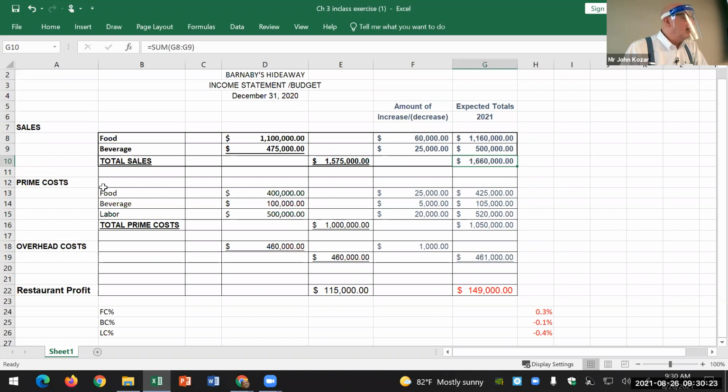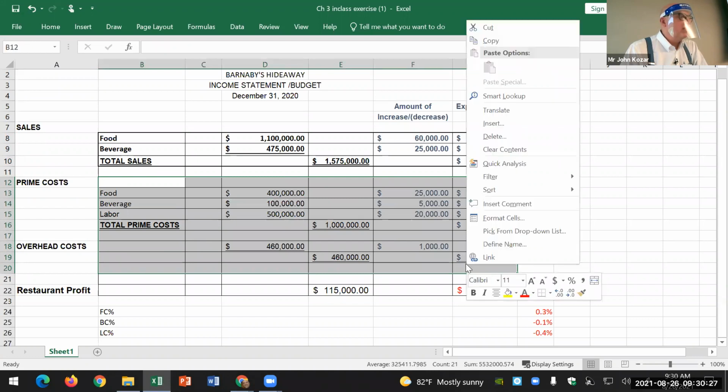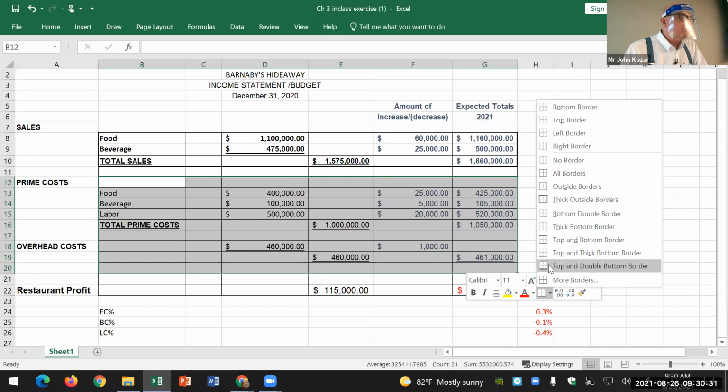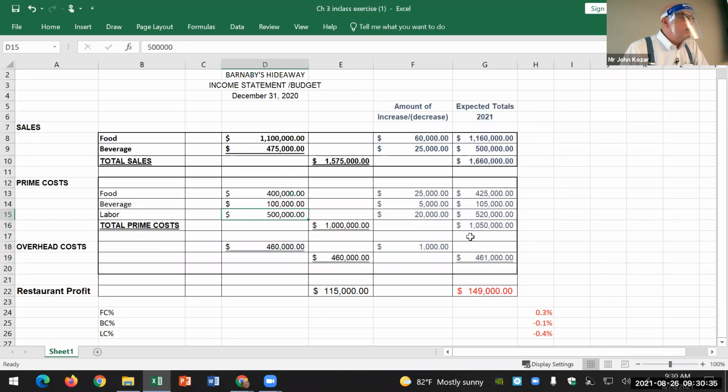And then these are our costs. So we've got the prime costs and the overhead costs.